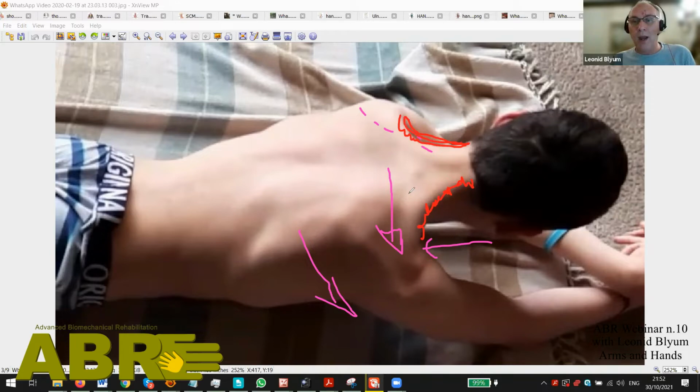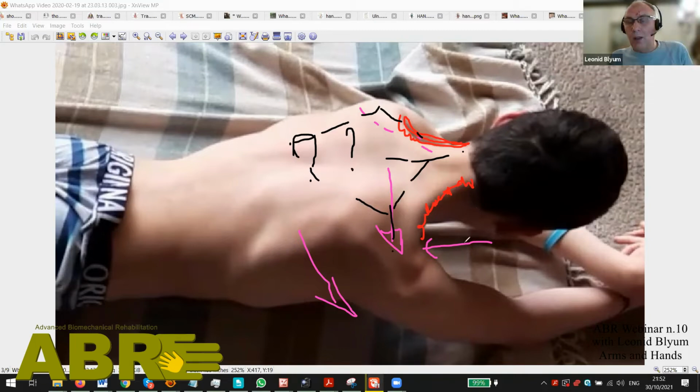And then you have everything missing. The spine is missing, the depth of the rhomboid is missing, the neck is missing, the shoulder blade depth is missing, everything is missing.